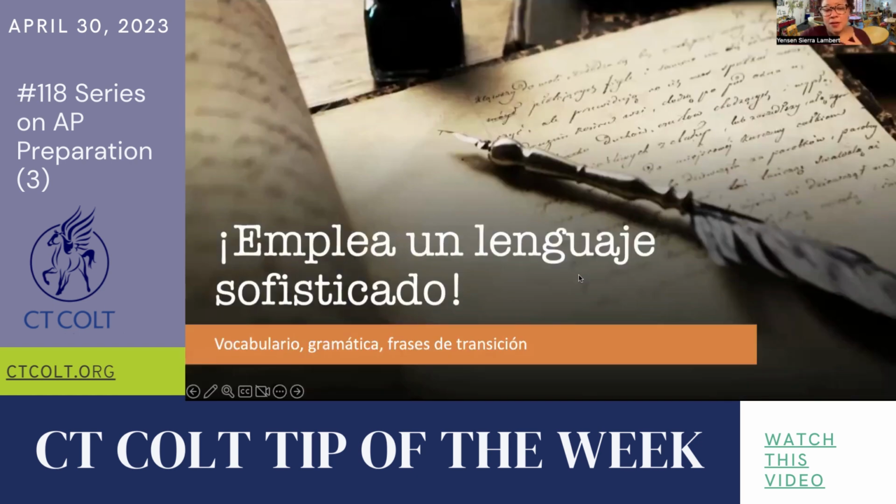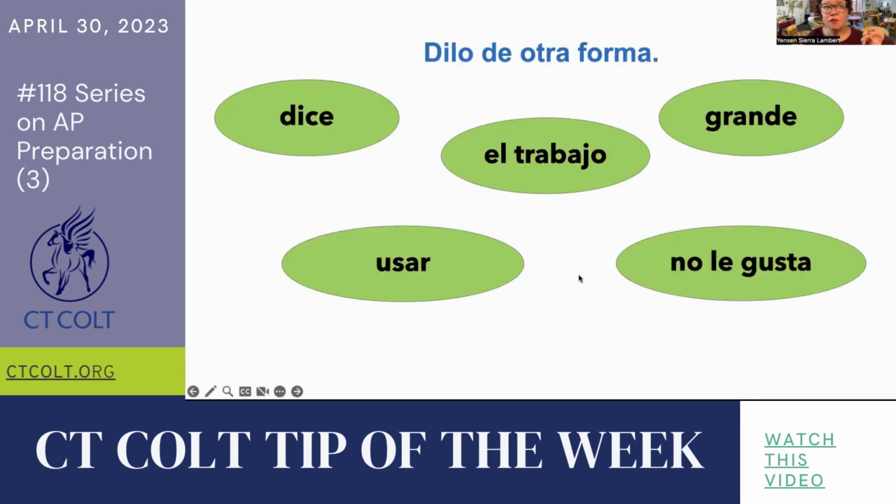In this PowerPoint as well, I go over avoiding simple language, basic language that a Spanish 1 or Spanish 2 student would use, because if you look at the rubric, one of the bullet points for the language under 3 and the 2 is that the language is basic, right? So we don't want simple words like grande. We don't want simple words like dice, and also dice repeatedly.